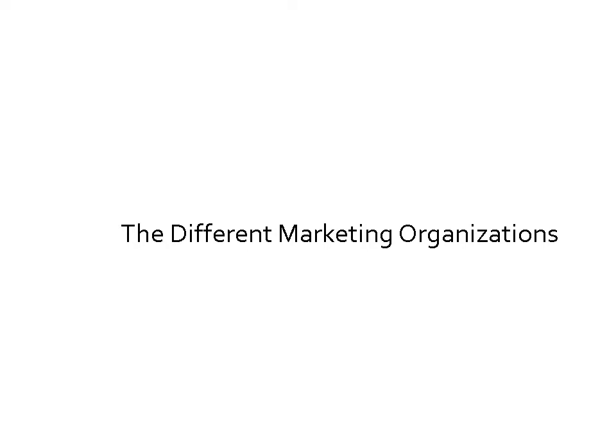There are different marketing organizations designed for different organizations, because no two organizations are similar. Every organization has different needs and wants. So the marketing organization will depend on the type of organization you are in.